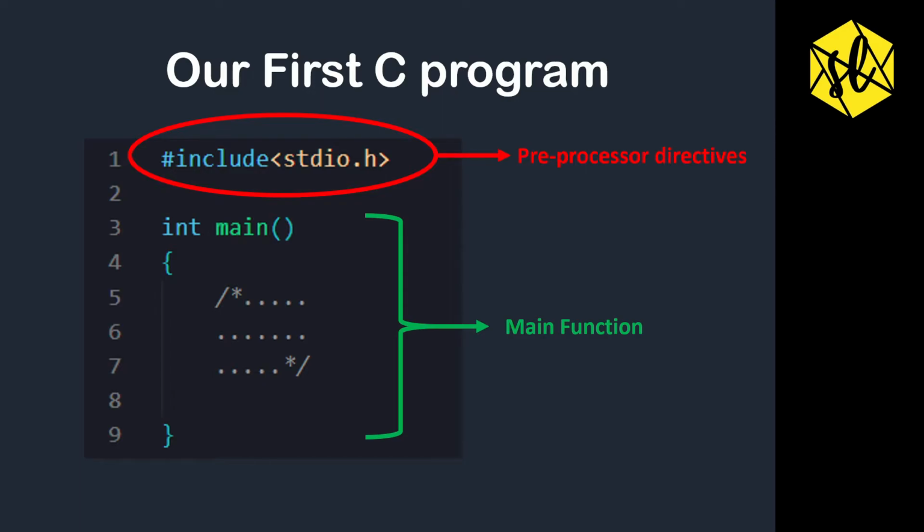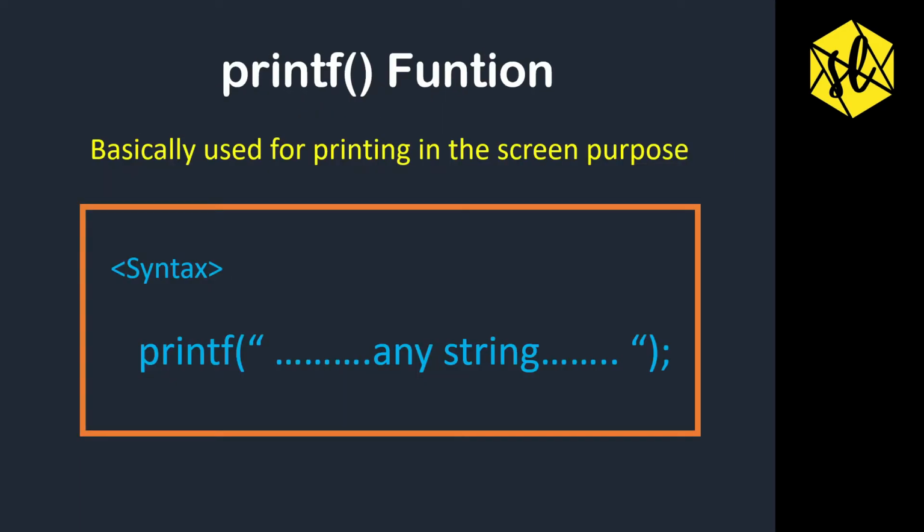So now the time has come for the printf function. Now we will understand what the printf function is and how it works. A few points about the printf function: basically, printf is used for printing purposes.